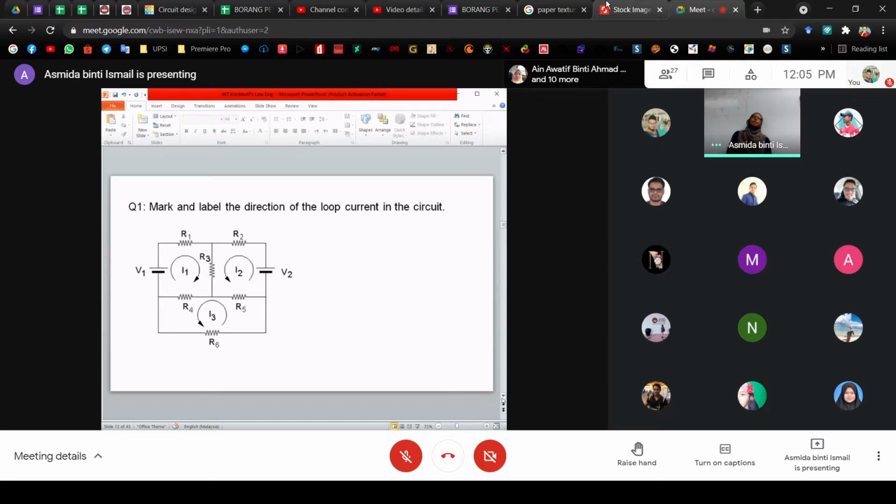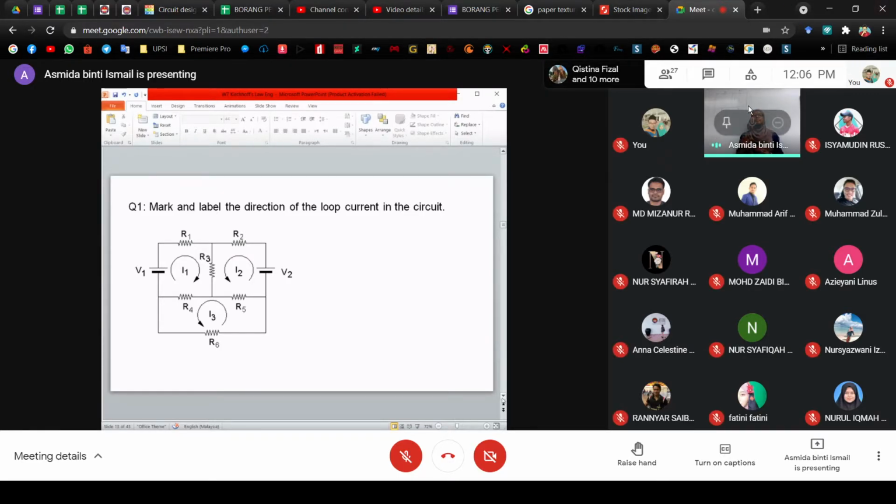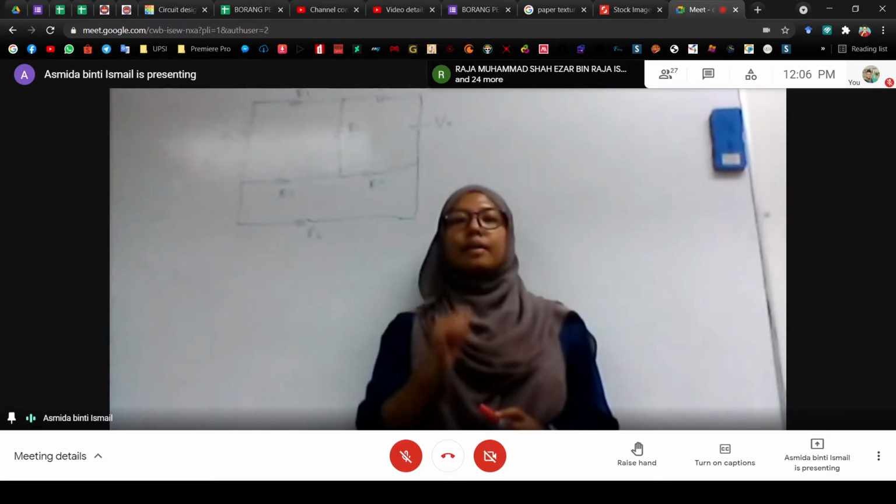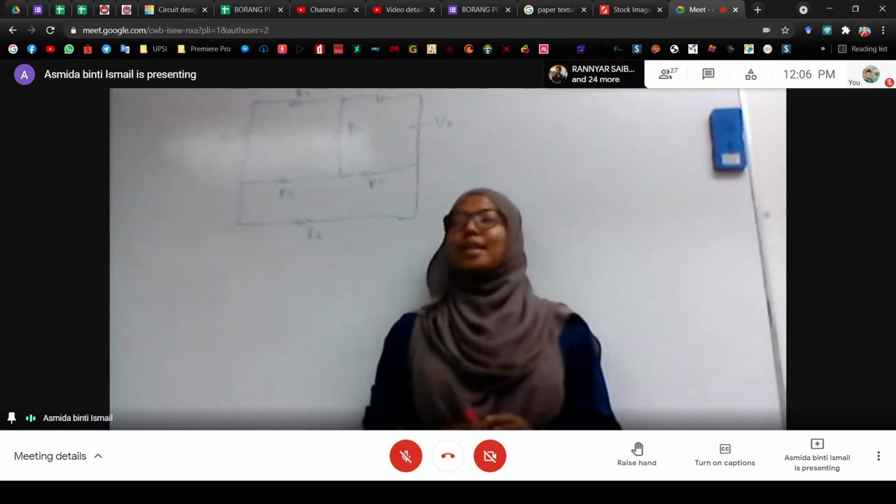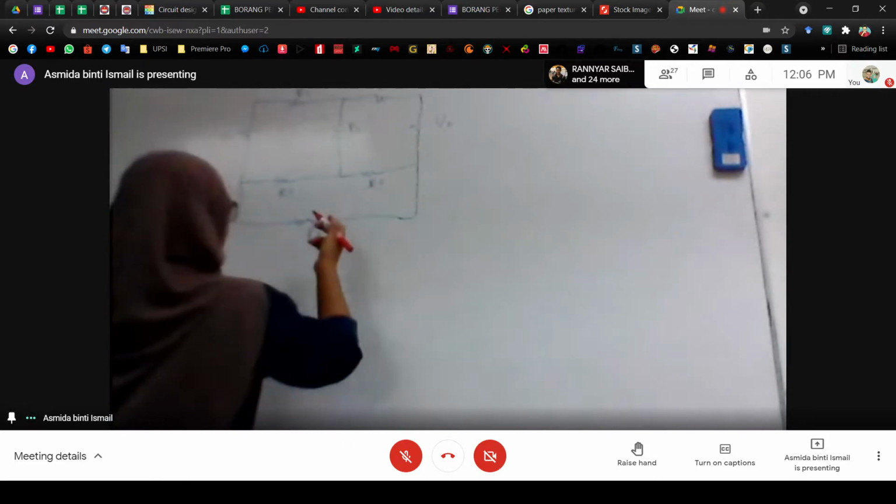But if you draw clockwise and your friend draws anti-clockwise, you will get the same answer, but maybe you get the positive answer and your friend gets the negative answer. The difference is the positive and negative, but the value is the same. If you get a negative value, it means your direction is the wrong way.